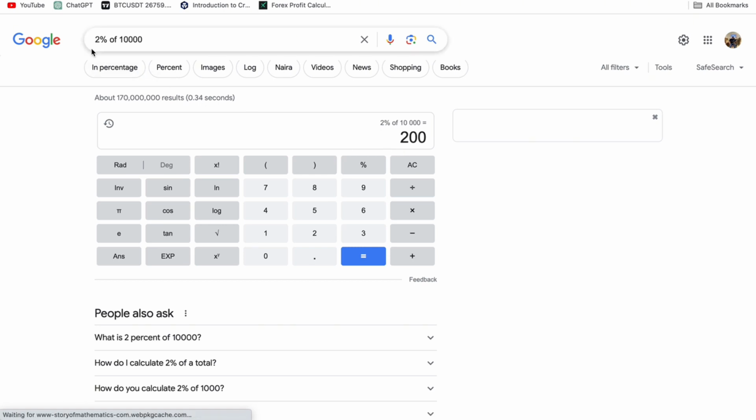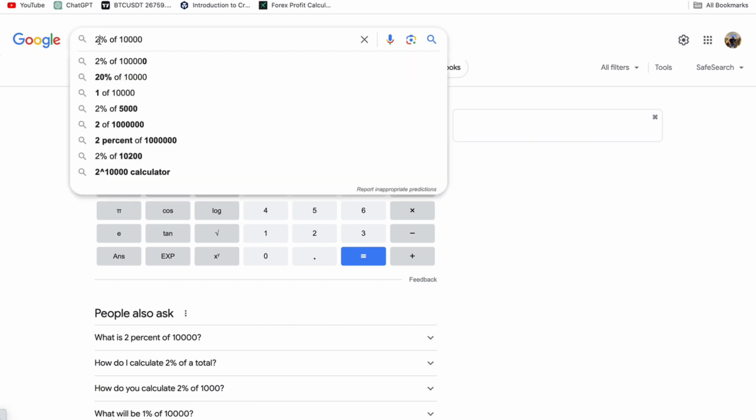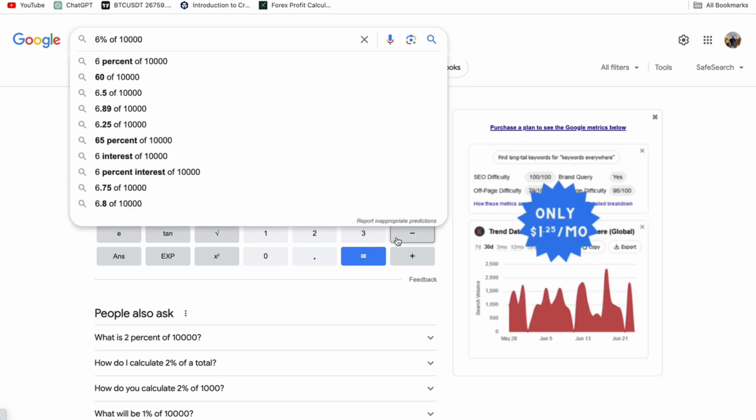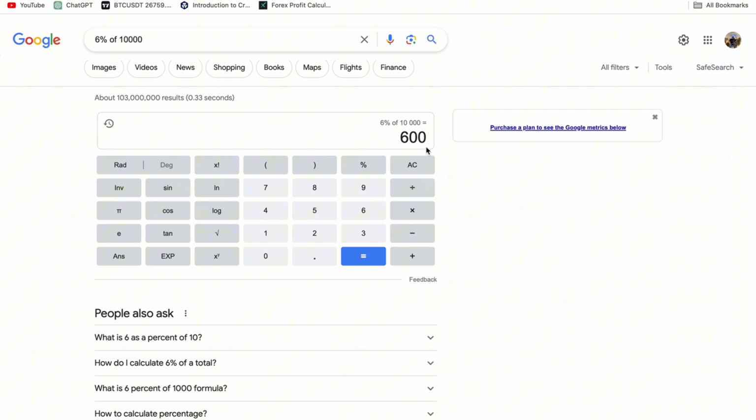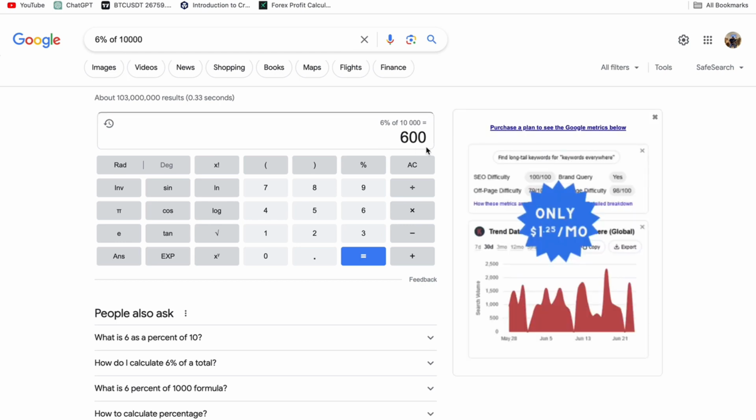Now with the $200, and we are using a strategy of 1:3 risk reward ratio, you have a potential of making 6%, so that's $600. So if a trade goes well, we are going to make $600. But if the trade doesn't go well, we are going to lose $200. That's the meaning of a 1:3 risk reward ratio.